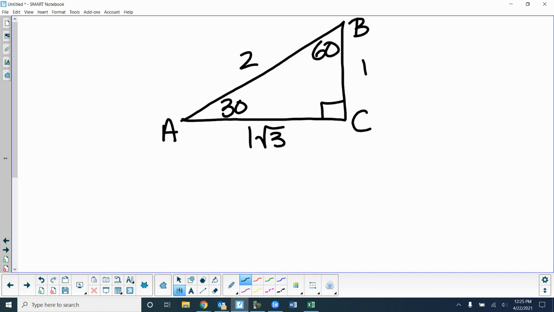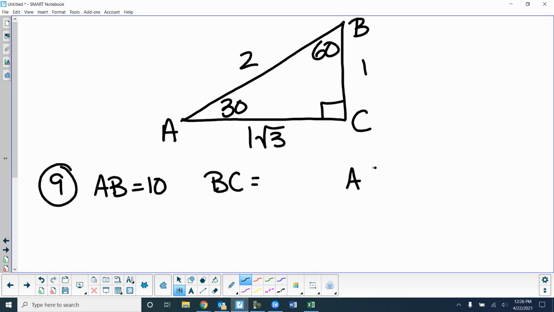So what I'm doing on the next 3 problems is giving you one of these 3 sides, and you have to find the other 2. Number 9, I gave you that AB was 10. And then you have to find BC and AC, right?